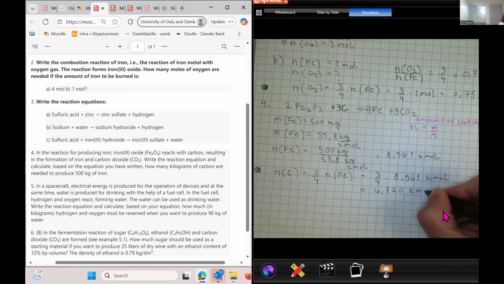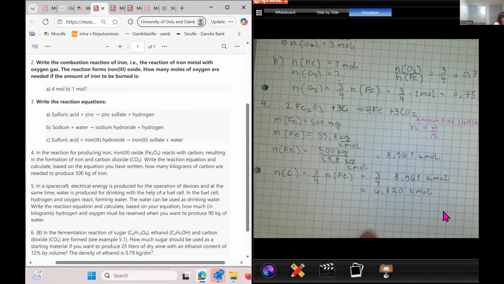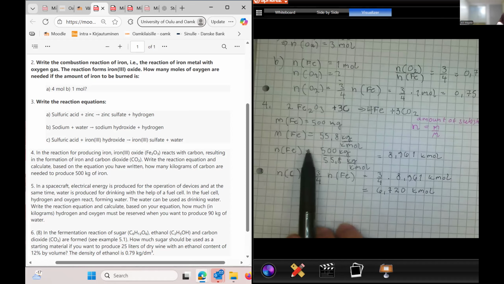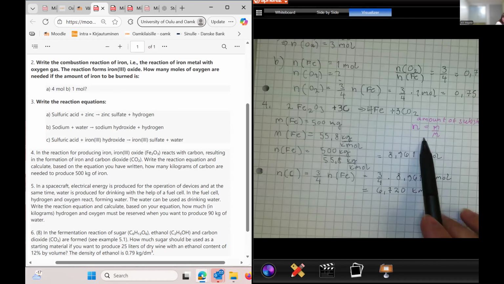And now to calculate this into kilograms, I still need to do a similar modification from this equation here.